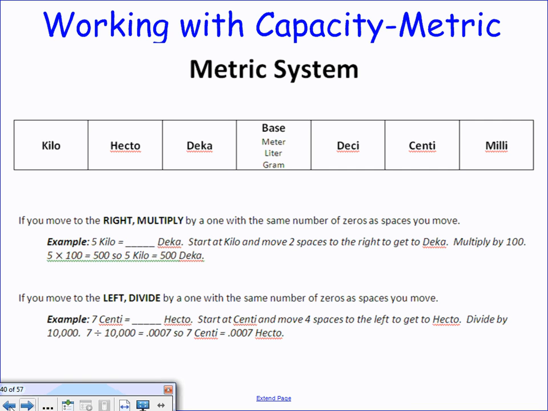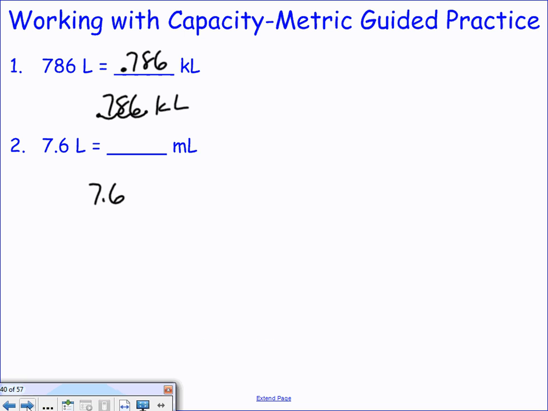So if I'm here at liters and I want to go to milliliters, I have to go 1, 2, 3 to the right. So we'll go back and move our decimal point here. We're right here. 1, 2, 3 to the right. Fill in the empty spots with the zeros. We get 7,600 milliliters.